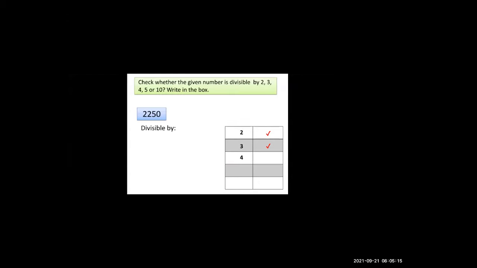Now let us move towards 4. Tell me whether this number is divisible by 4 or not. Now to check whether the number is divisible by 4 or not, what is the criteria? Please unmute the audio and let me know, beta.